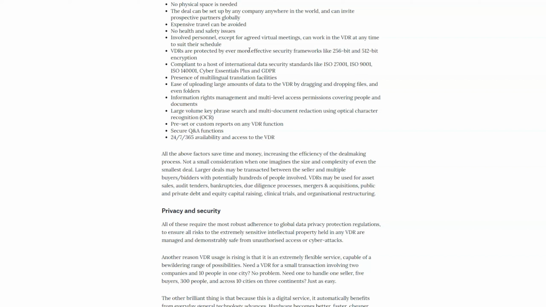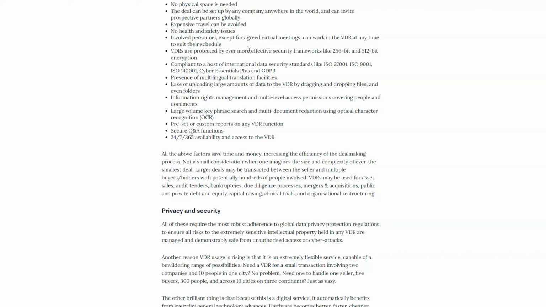Presence of multi-language translation facilities, ease of uploading a large amount of data to the VDR by dragging and dropping files and folders. Information rights management and multi-level access permissions covering people and documents, large-volume keyword search and multi-document redaction using optical character recognition (OCR).